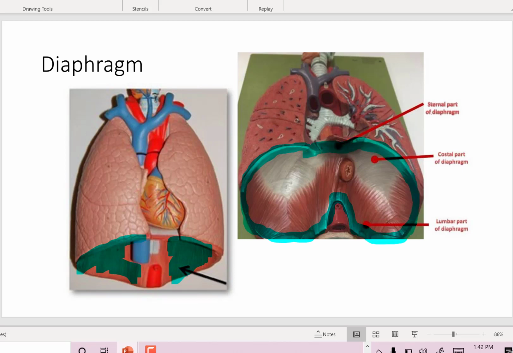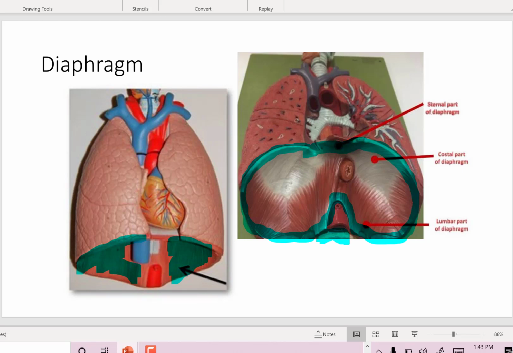It has a part that actually is attaching to the sternum. It has parts that are attaching towards the ribs, so the cartilages of the lowest ribs and towards the sternum. The cartilages of the lowest ribs are the origin, and also lumbar vertebrae. We can see it all the way in the back here attached to a lumbar vertebra.